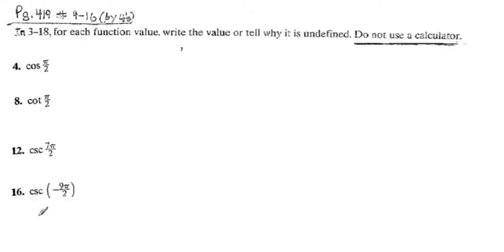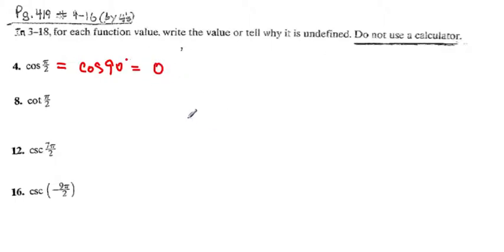Alright, next. We need to write down the values of each. So here we have cosine of pi over 2. That's equal to cosine of 90 degrees. And cosine of 90 degrees, we realize to be 0.